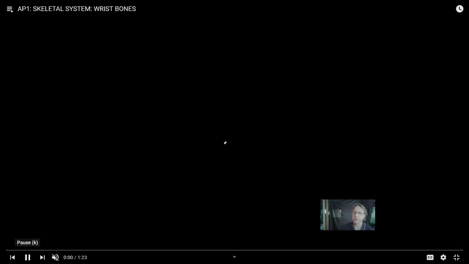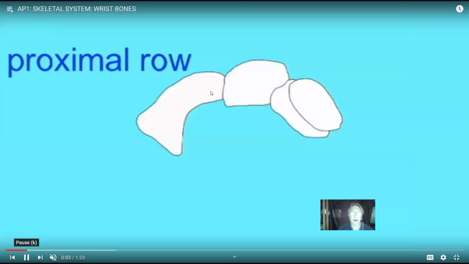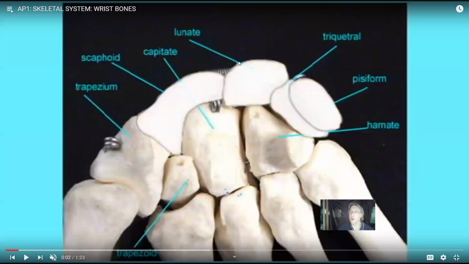As we proceed along the arm, and I'll have pictures of the radius and ulna in just a bit, there are then 8 small bones in what's called the carpus or wrist. So here we see the carpus, and there are 8 bones, and it is helpful to remember that there are 2 rows of 4.